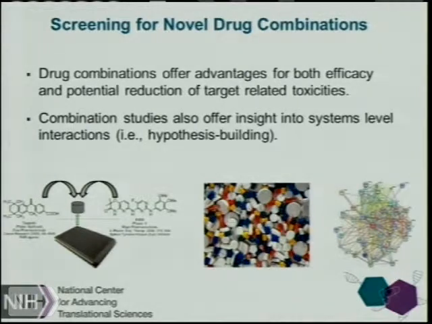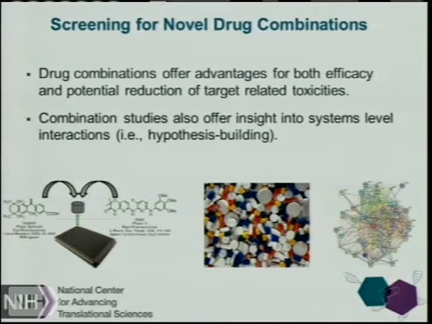Again, finding advantageous combinations, there is nothing new in this, but it's mostly being done through rational experimentation, starting from knowledge of a pathway and looking at molecules that may affect it and trying to combine them with, say, a favorite oncology drug and so on. How do you go about doing it systematically on a large scale? We needed a platform for this, and again, there is dual use in this.